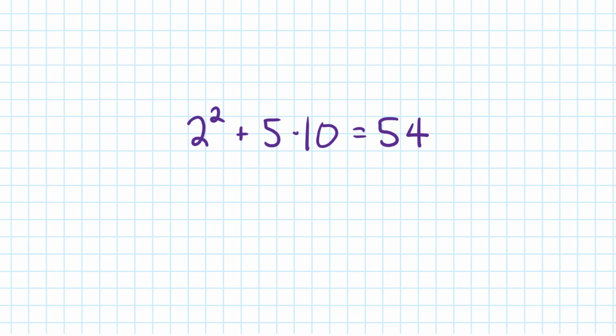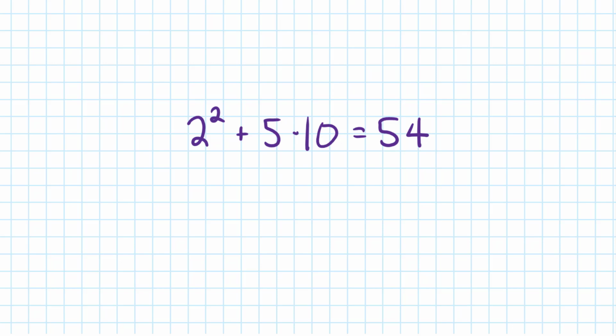Let's begin. I've got an equation on my screen, 2 squared plus 5 times 10 equals 54. Let's review the order of operations. In other words, what we need to do first, second, and third here. The first thing we have is 2 squared. So that is an exponent, and we always do that first.